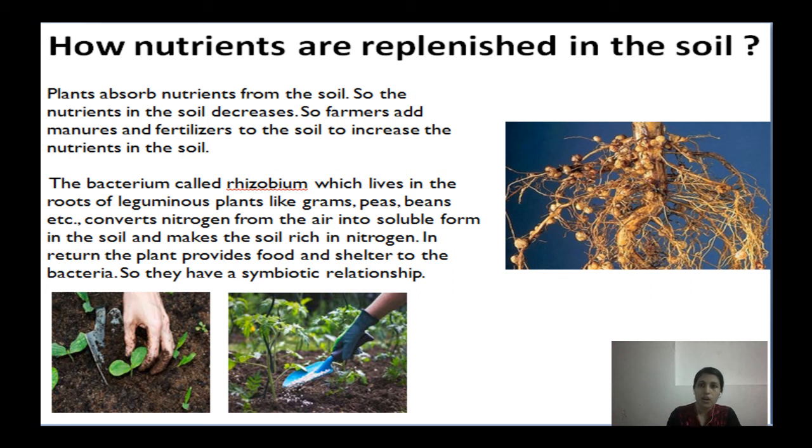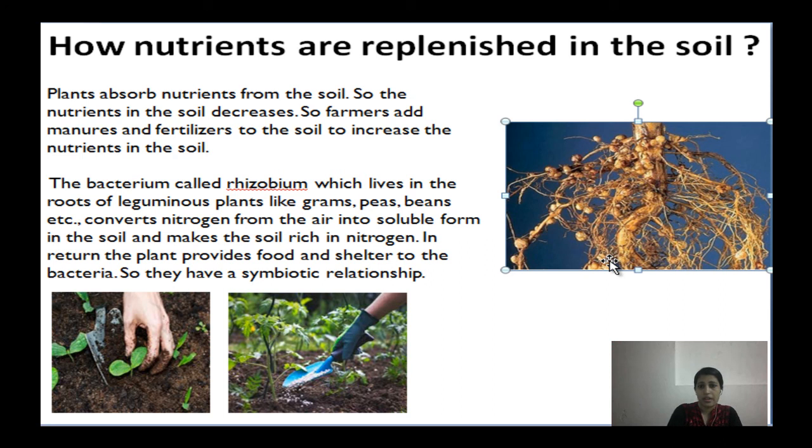There is a bacteria called rhizobium which lives in the roots of leguminous plants like peas, grams, beans, that converts the nitrogen from air into the soluble form, making the soil rich in nitrogen. In return, the plants provide food and shelter to the bacteria. So they have a symbiotic relationship. Plants absorb the nutrients from the soil, and when the nutrients decrease in the soil, the farmers add manures and fertilizers.